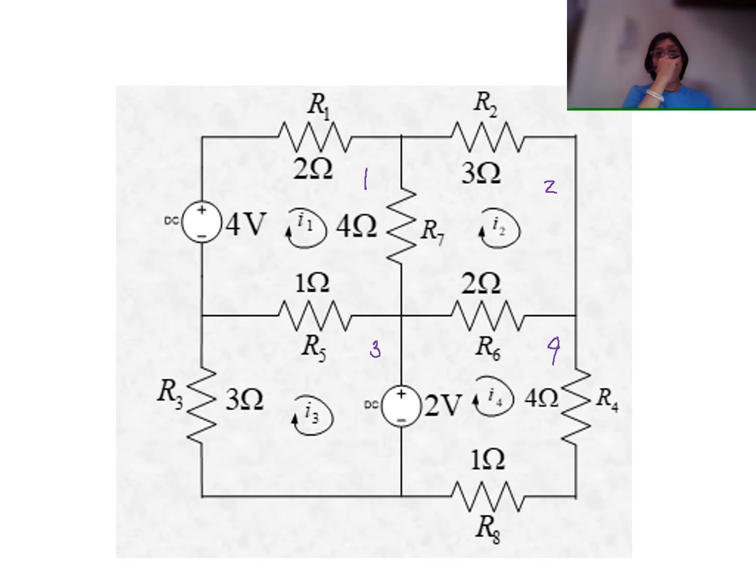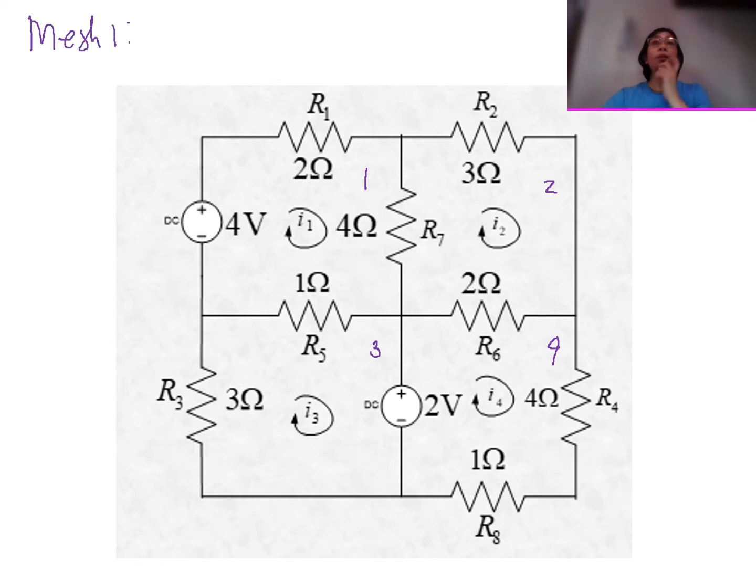First, let us inspect the circuit. As you can see, we don't see any current sources here in the circuit. So, all voltage sources. We will be making use of KVL. Let us now go to mesh number 1.